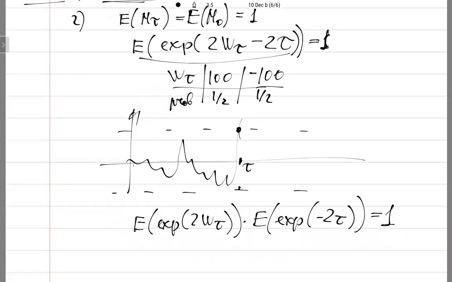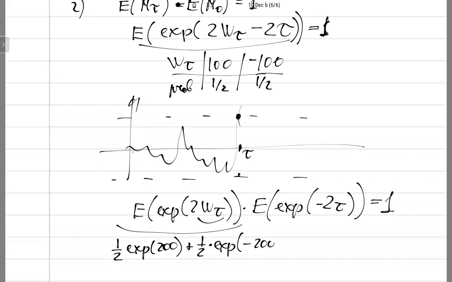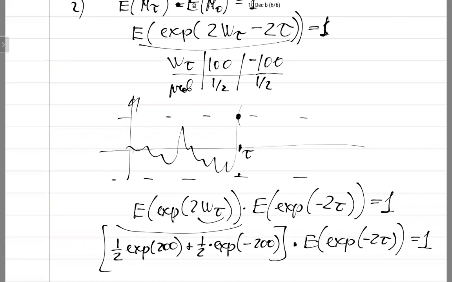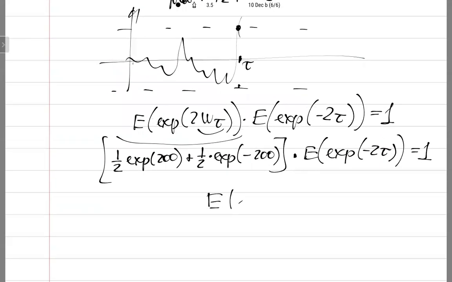W_tau is 100 or minus 100, so the first expected value is 1/2 times the exponent of 200 plus 1/2 times the exponent of minus 200. Now clear, thanks. And now you may easily find the expected value of the exponent of minus 2 tau.